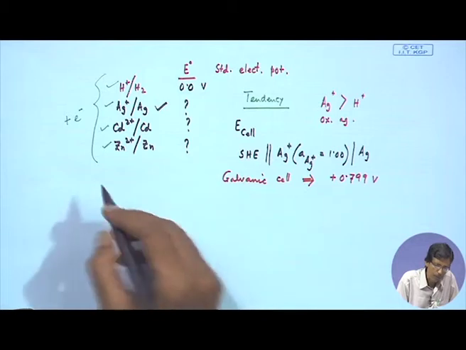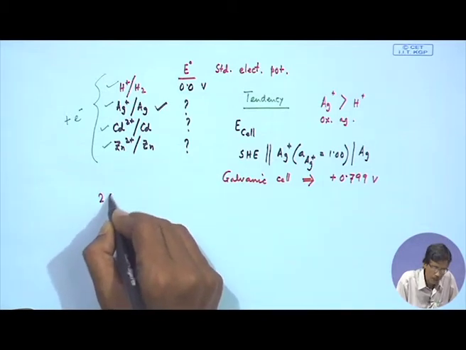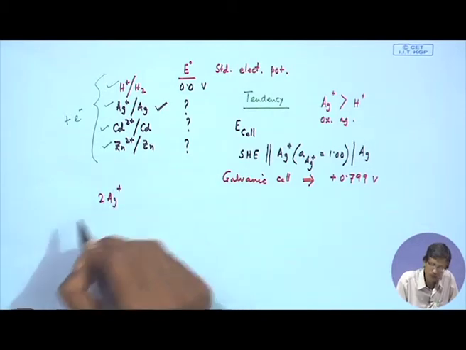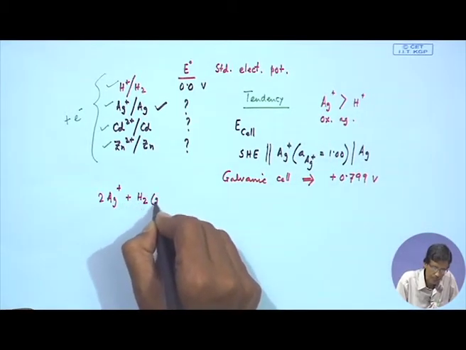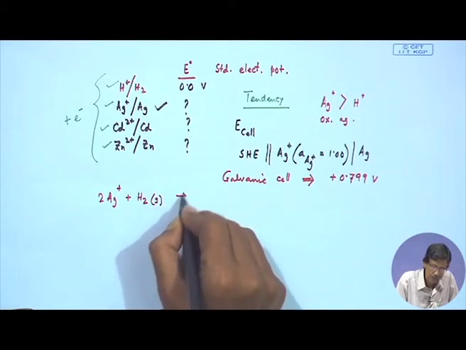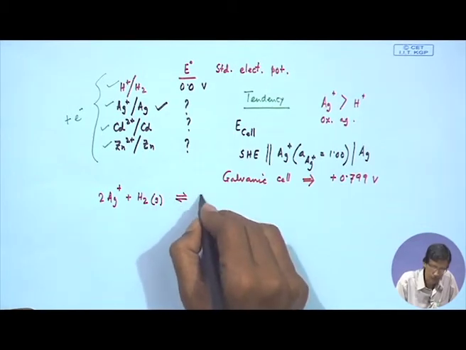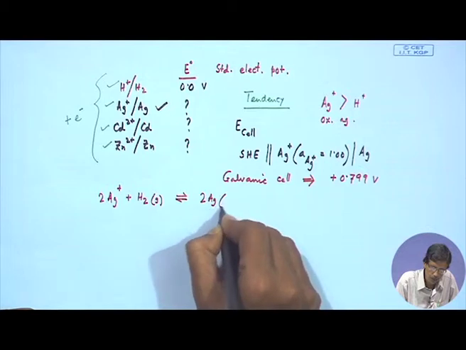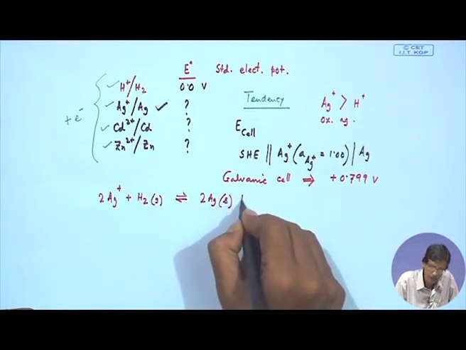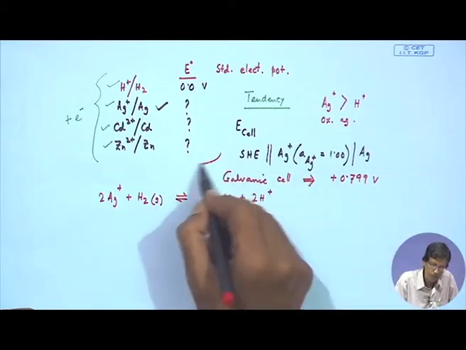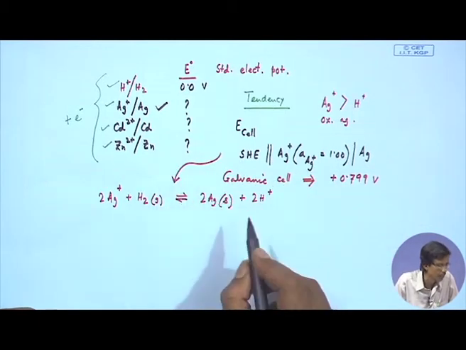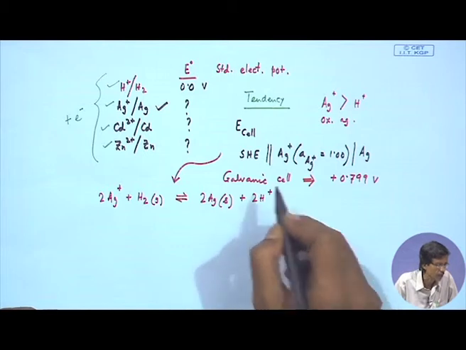For this reaction, silver ion will have more tendency to react with hydrogen gas, giving rise to the reduction of silver as solid and 2 H plus. This is the corresponding cell reaction.